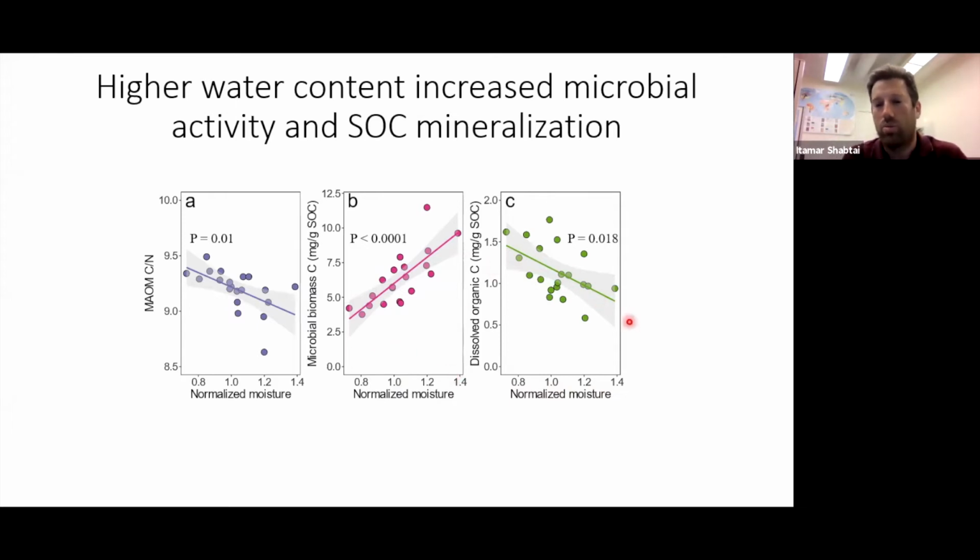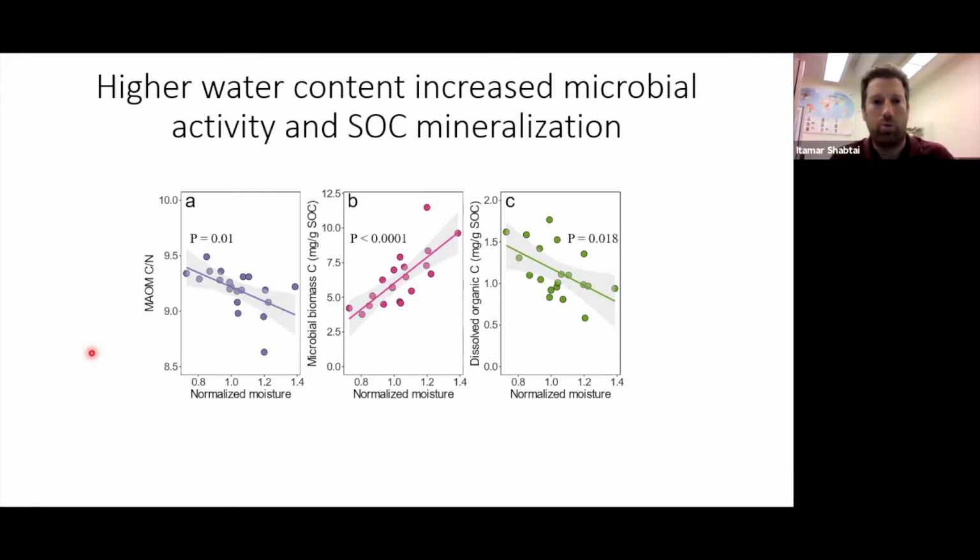This probably led to perhaps more uptake of dissolved organic substrates, and the increased microbial processing of these substrates by the larger microbial biomass led to the deposition of organic matter on the silt and clay fraction that was more highly processed and more microbial in signature, and therefore had a lower carbon to nitrogen ratio. So we see that wetter soils had more microbes, more microbial activity, and a mineral associated organic matter fraction that was more microbially processed.